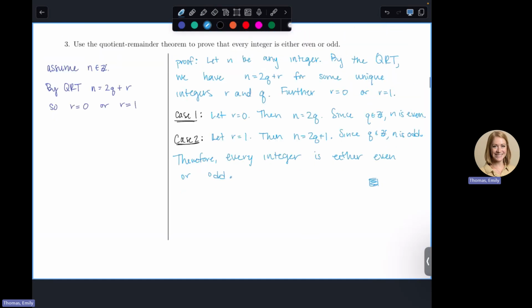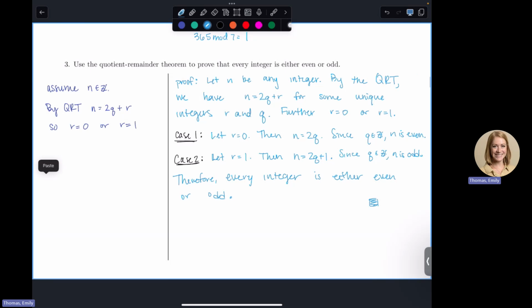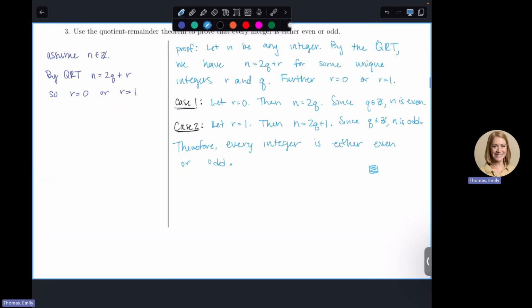Now, y'all, that right there is called a proof by cases. Notice how we followed a thread to a place where we had two options. And then we did little mini proofs with each one of those options. That's called a proof by cases.